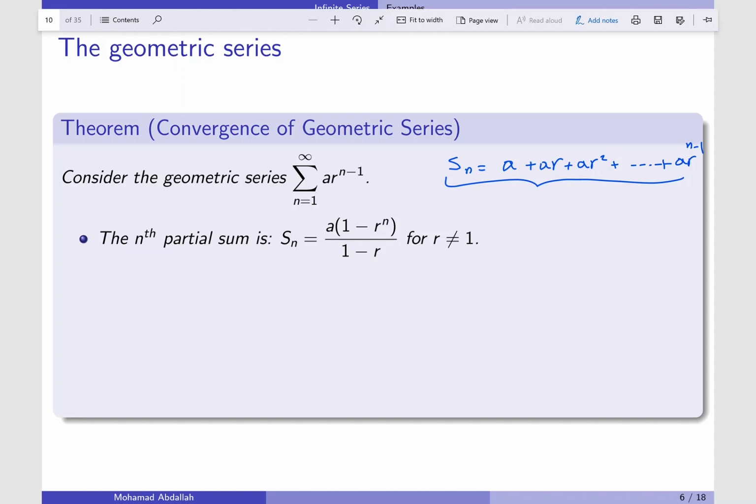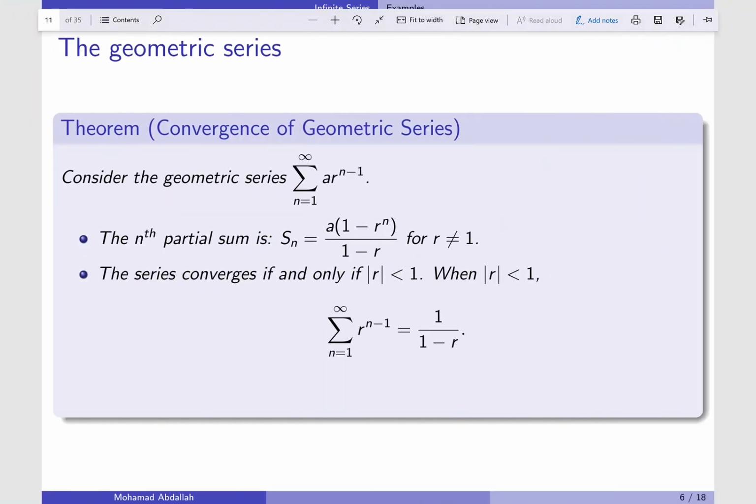So now working with a geometric series is not hard, because if I have a series, then I can express the nth partial sum, and then I will know S, which is the sum from n equals 1 to infinity. We can ignore the a, because the a is a constant I can move outside.